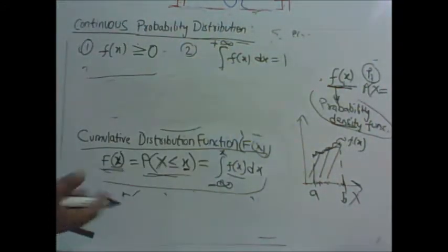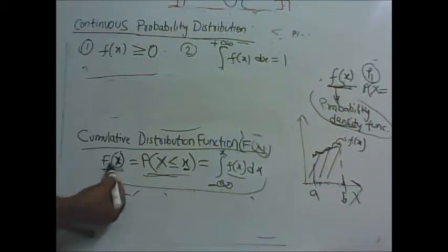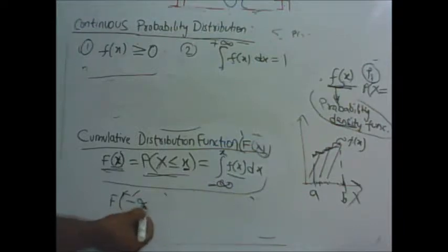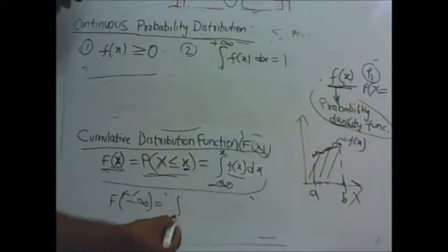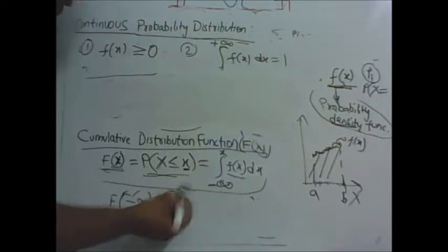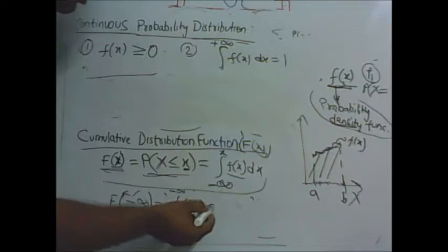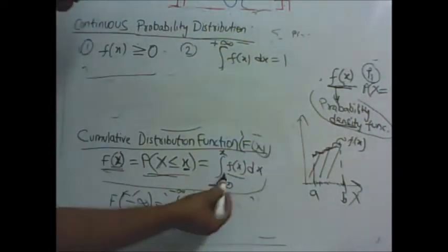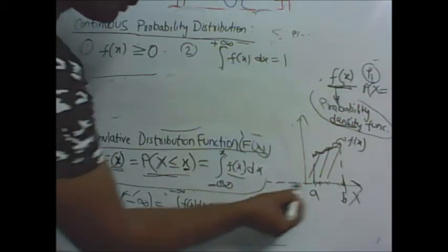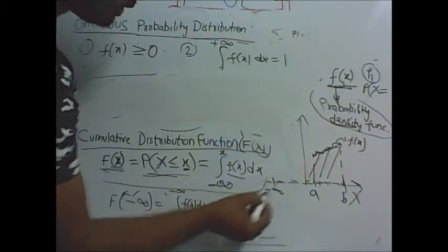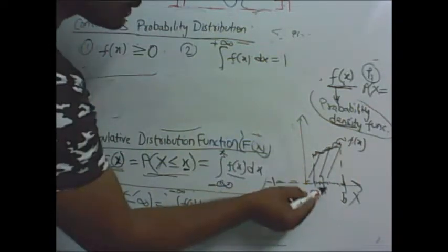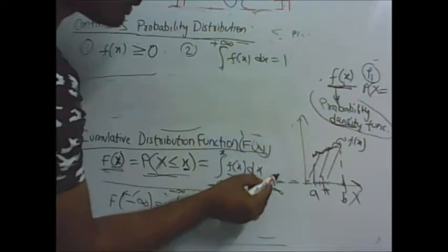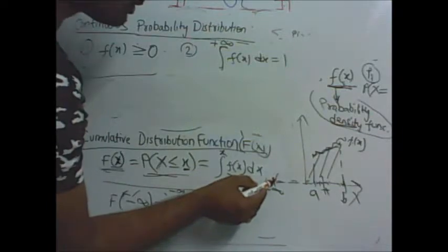Now you have to understand what F of x is. If we extend from minus infinity to plus infinity, with this side being minus infinity, and go from minus infinity to this x, the small f of x curve is something like this.